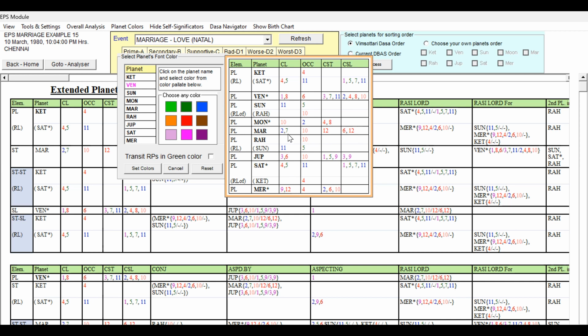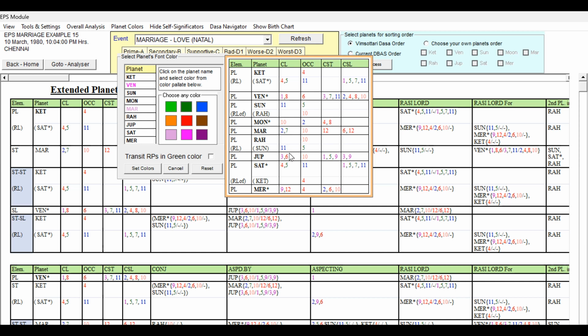So Mars, though it is 2 and 7, because of the 10, 12, and 6 and 12, we can make that planet unfavorable. We can give either a light red because of this, but because of the 2 and 7 cuspal lord, we can make that one a light pink. It indicates unfavorable on the higher side and it has got some favorable.